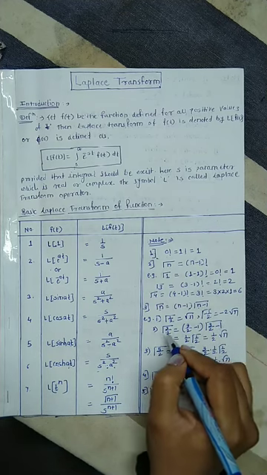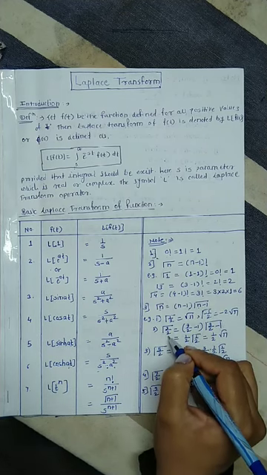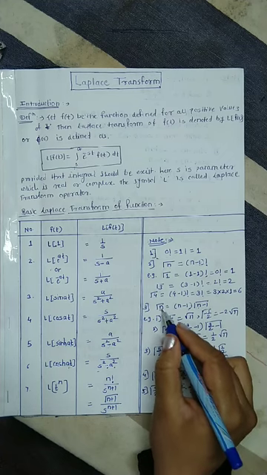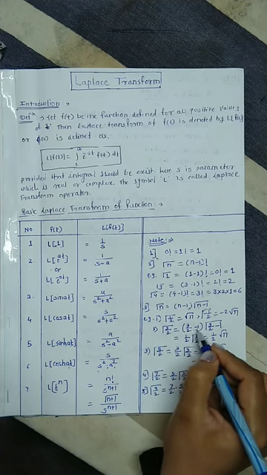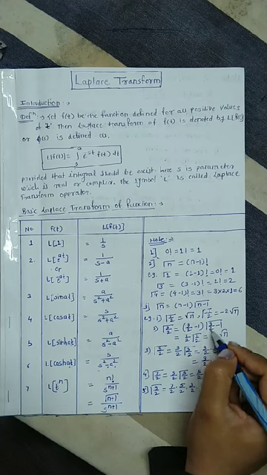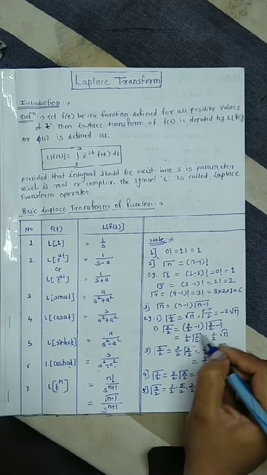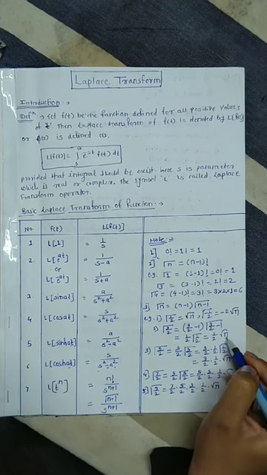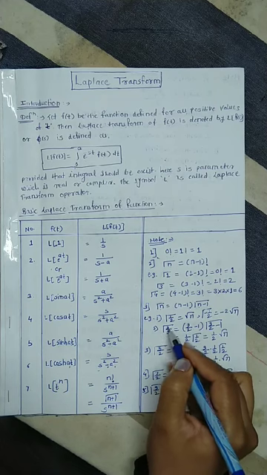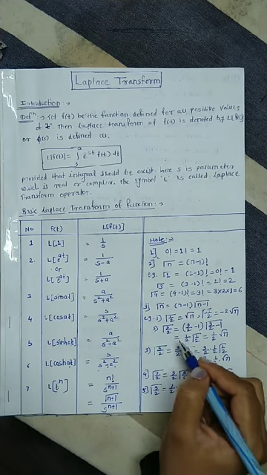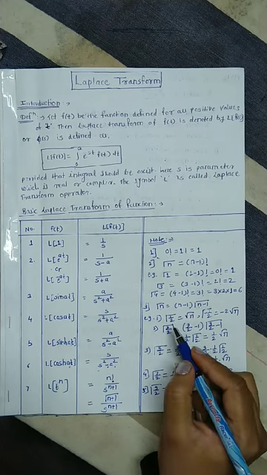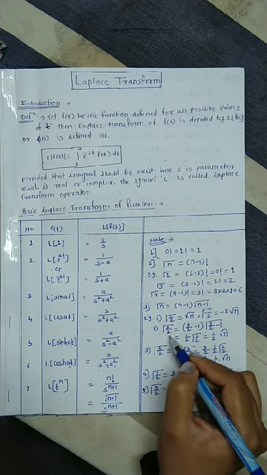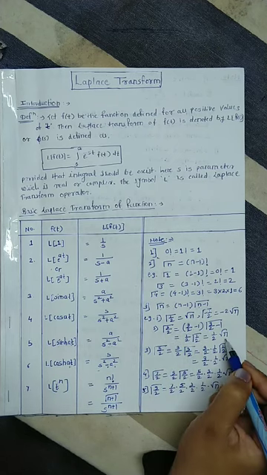Now next come to gamma 3 by 2. Putting n equal to 3 by 2, we get 3 by 2 minus 1 times gamma of 3 by 2 minus 1. What is 3 by 2 minus 1? Again half. Gamma half, and we know it is root pi. Therefore, wherever in the example the last solution is gamma 3 by 2, we have to solve it up to this.